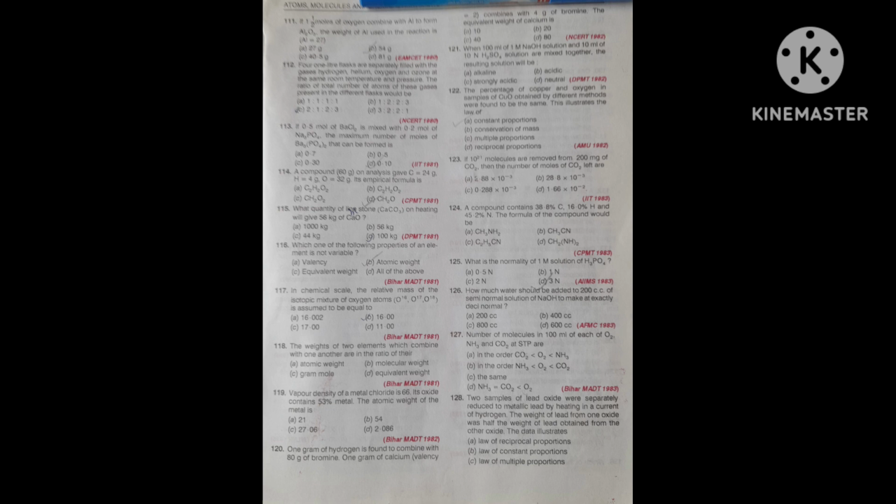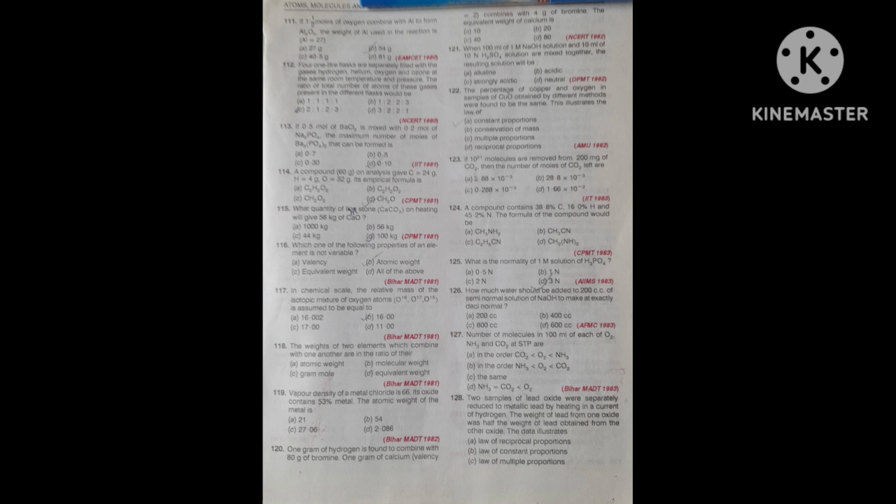Again I am telling the question, one more time I am reading. Number of molecules in 100 ml of each of O2, NH3 and CO2 at STP. Option 1, in the order CO2 is less than O2, O2 is less than NH3.